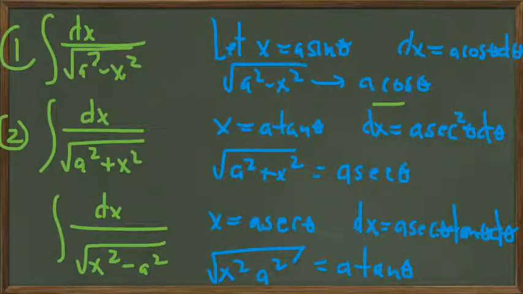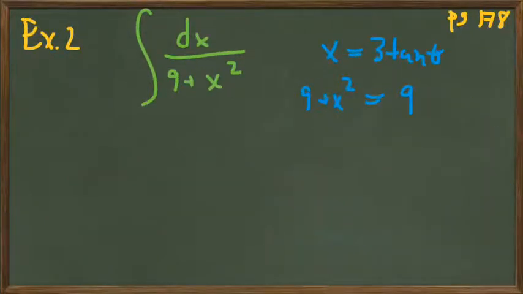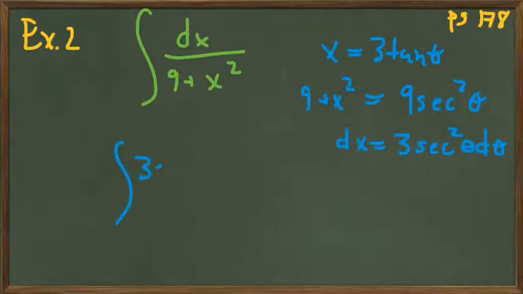In the example case, we got a secant theta, but there's no square root sign, so it's going to be 9 secant squared theta. And the dx is just the derivative of tangent, which is going to give us secant squared with a constant of 3 out front. So the dx is 3 secant squared theta d theta.